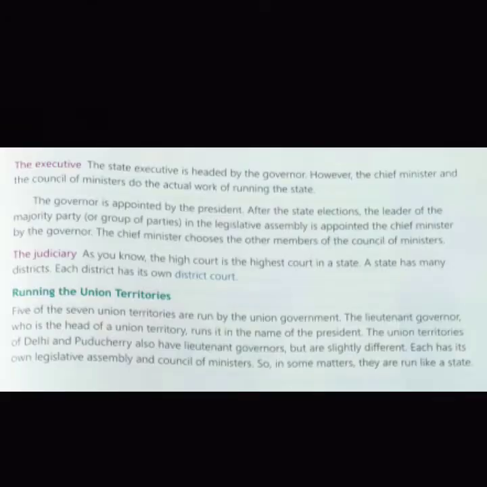Now, next is the executive. The state executive is headed by the governor. However, the chief minister and the council of ministers do the actual work of running the state. A state government looks after such matters as education, health, law and order, forestry, irrigation, etc. A state government is formed in exactly the same manner as the union government.